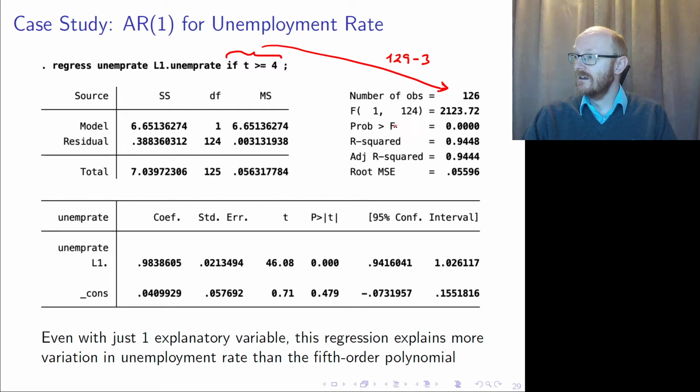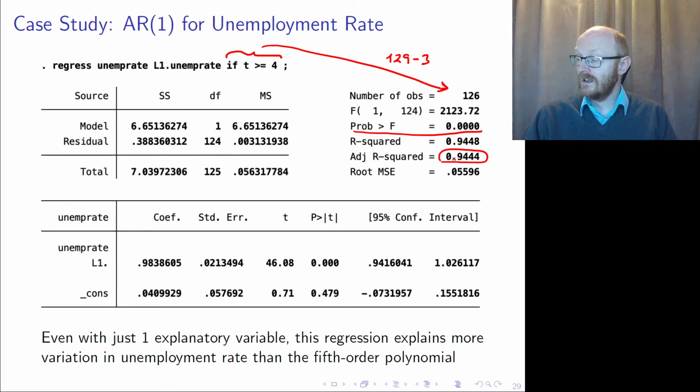Okay, so what do we get? The p-value for the F-test says that our model is explaining a significant part of the variation in our y variable, the unemployment rate, and the adjusted R squared is 0.944, which is basically as high as the model with several polynomial variables included.